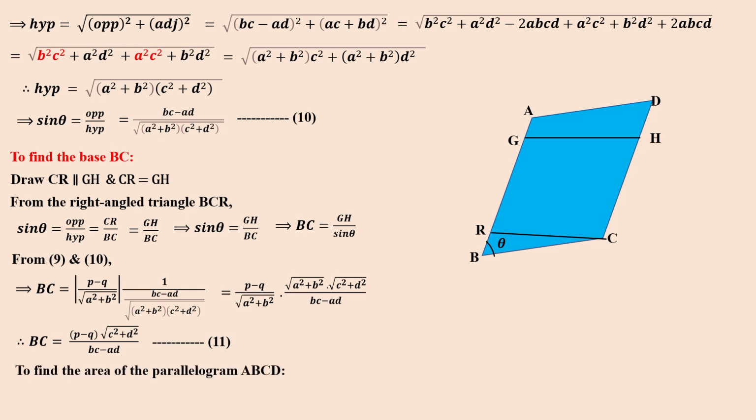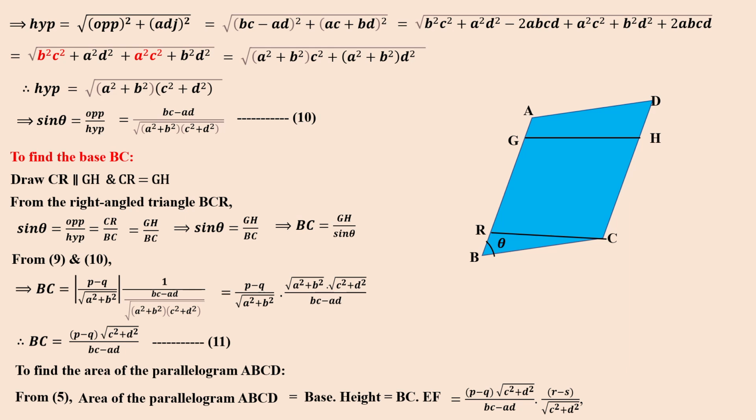So to find the area of the parallelogram ABCD, we know base into height is the area, that is BC into EF. BC we know from 11: (p minus q) root of (c square plus d square) by (bc minus ad). And EF we also know: (r minus s) by root of (c square plus d square) from 7.